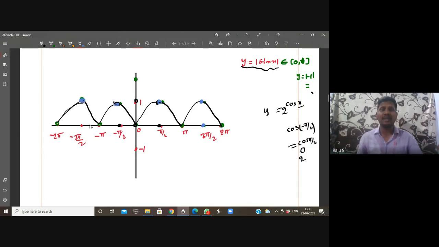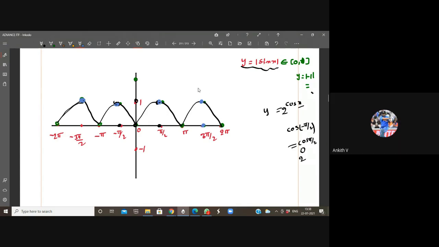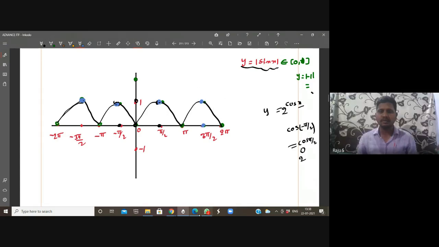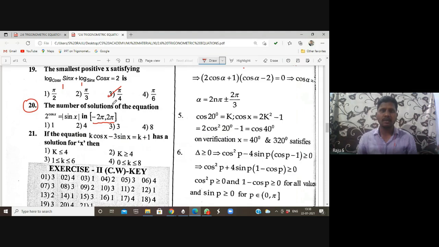We should take the graph from minus 360 to plus 360 alone, because in the question, what is the interval they have given? Minus 360 to plus 360.